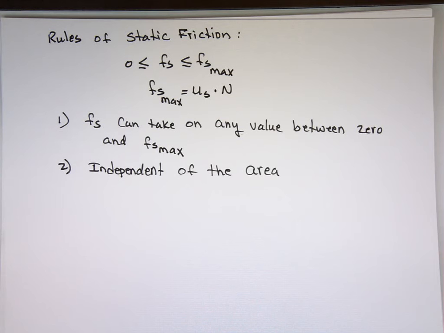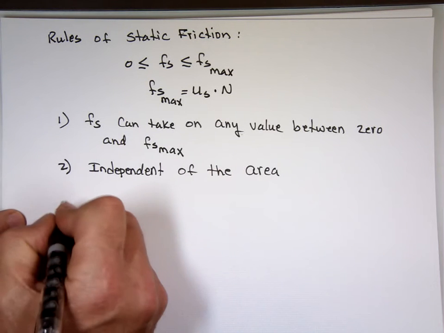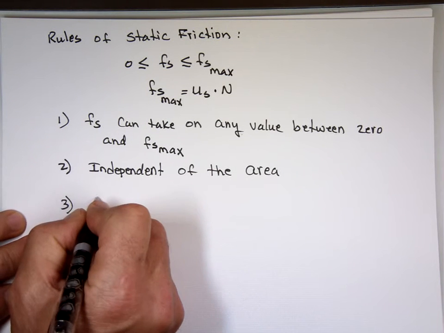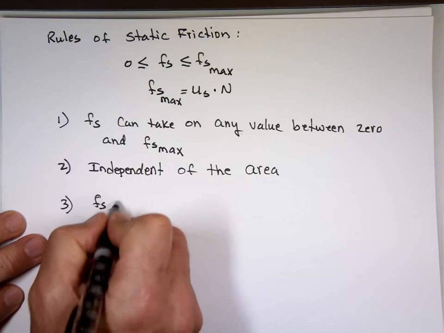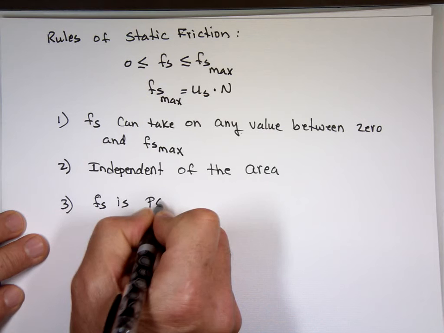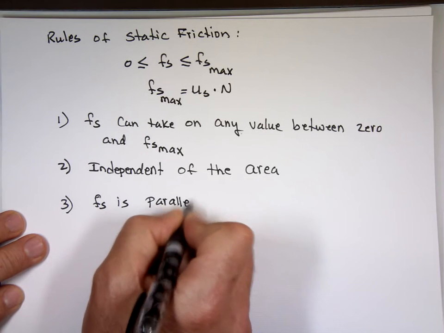And again, the other thing, we know the direction of it. The static friction F of S is parallel to the surface of contact. I forgot to write that on the previous one when I added it.